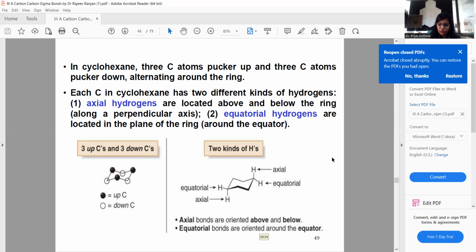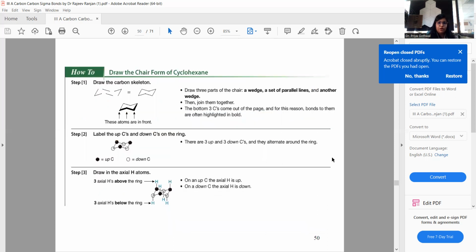Okay, so now we can discuss some problems that occur during the study of cyclohexanes. For example, drawing the chair form of cyclohexane. Step one, draw the carbon skeleton. Firstly, draw three parts of the chair: a wedge, a set of parallel lines, and another wedge. Then join them together.